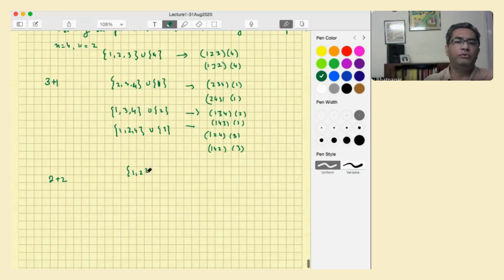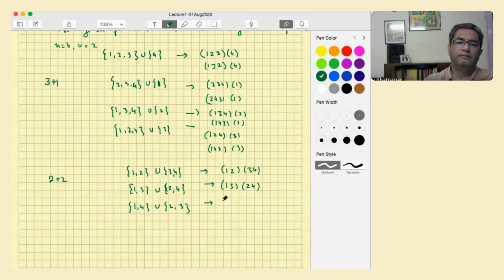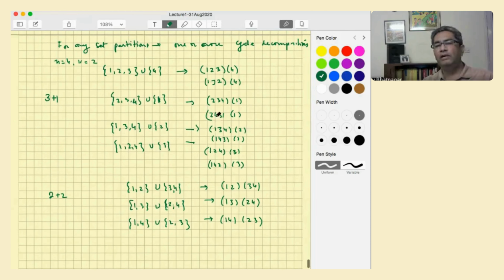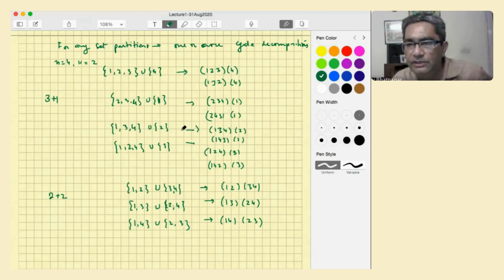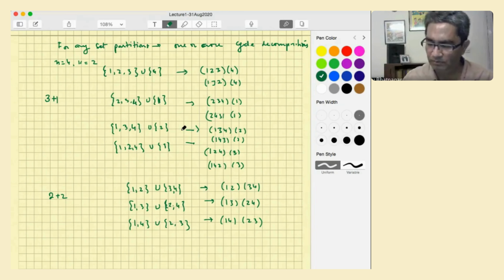So we have 1, 2, union 3, 4, 1, 3, union 2, 4, 1, 4, and 2, 3. Right? These don't correspond to anything extra. But these correspond to multiple ones. So whenever you have more than transpositions, that's when you get more and more complicated.